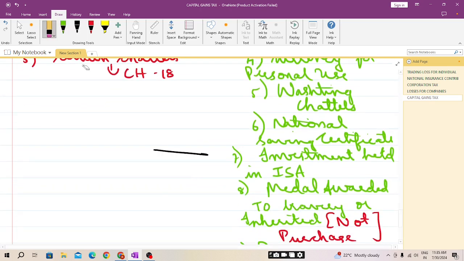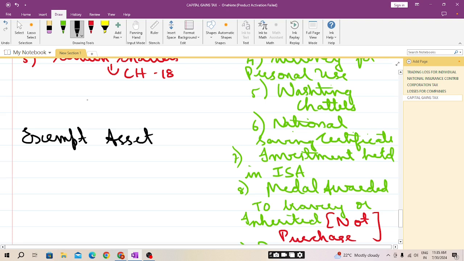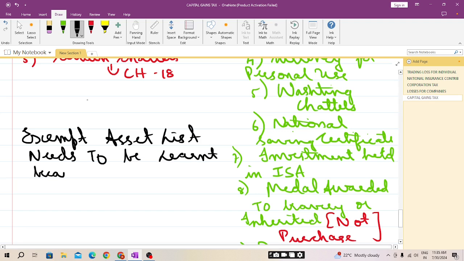The exempt asset list needs to be learned because, students, the question in your examination will contain the exempt asset also in the calculation for CGT, but you need to mention that it is an exempt asset, so the CGT will not be applicable.